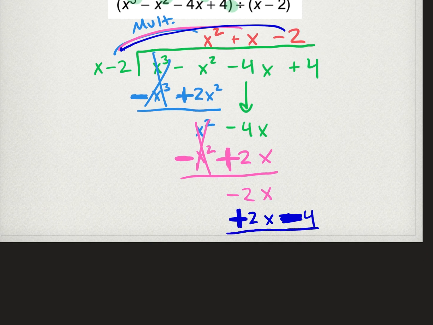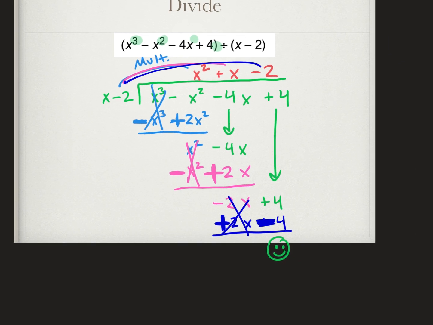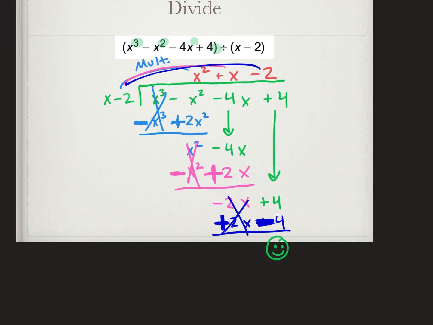And then we combine. Negative 2x plus 2x cancels. Drop down the 4. What's 4 minus 4? 0. So we have no remainder. So what's my answer? x squared plus x minus 2.